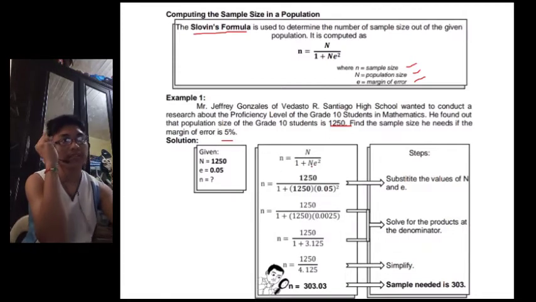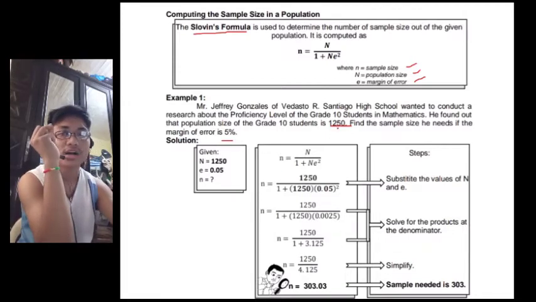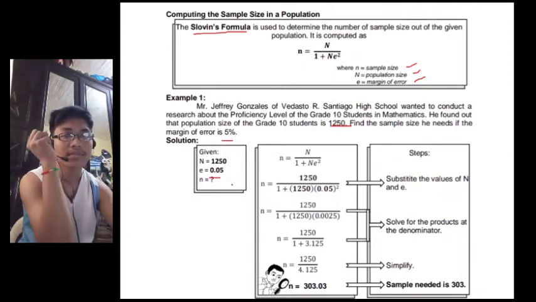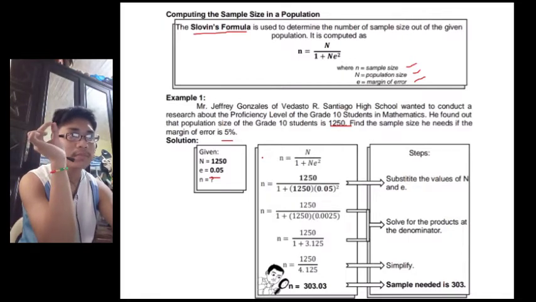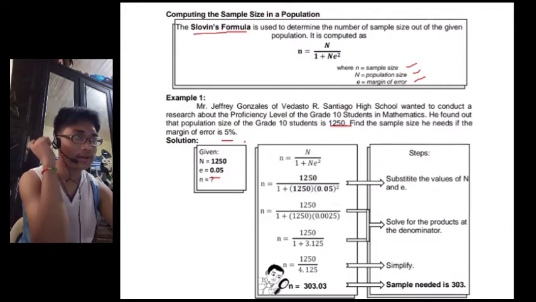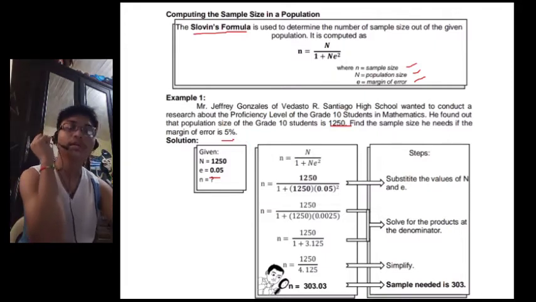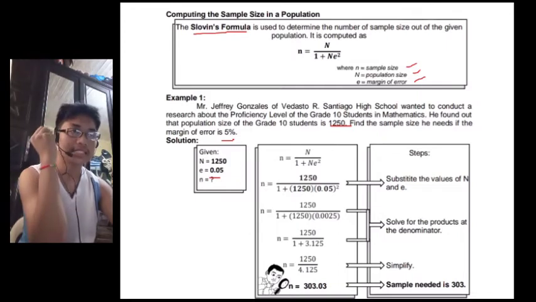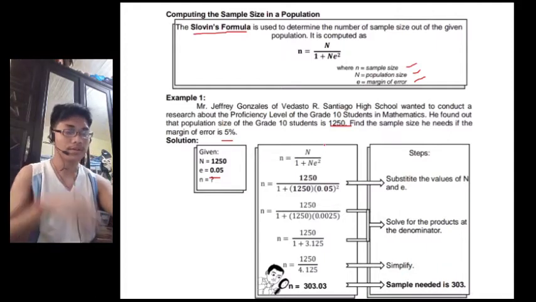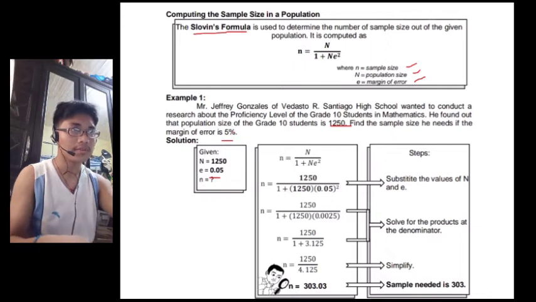So, we have some givens, where N is equal to 1,250 and your margin of error is 5%. If you are going to convert it into decimal form, you just multiply the 5 by 0.01, or simply move the decimal point.